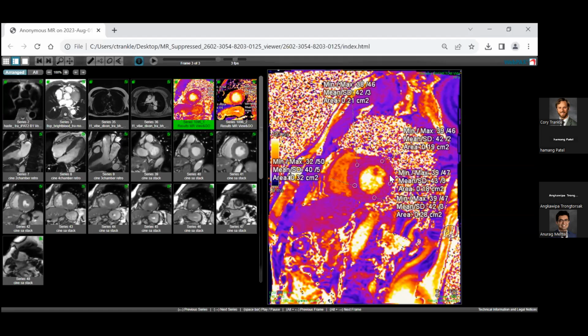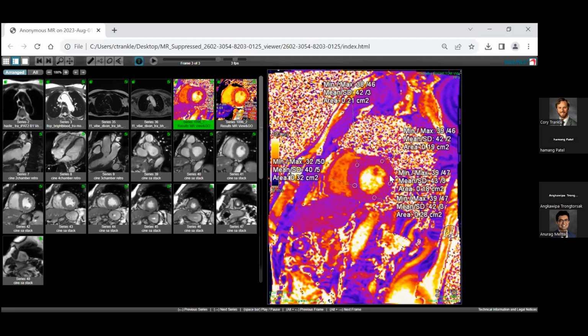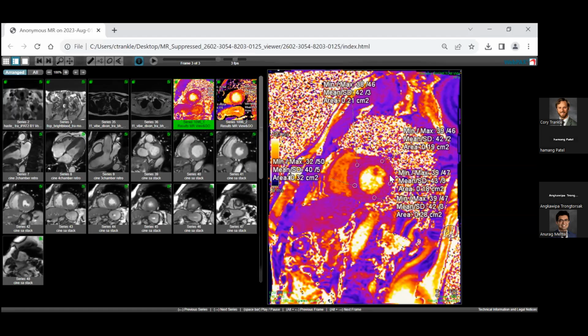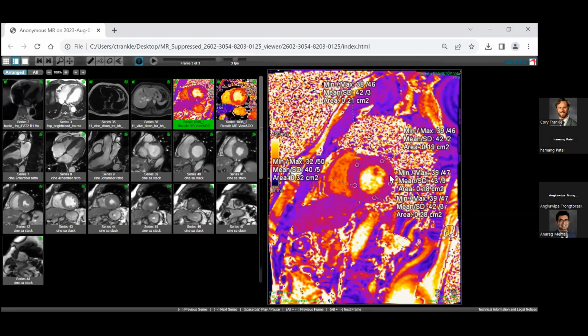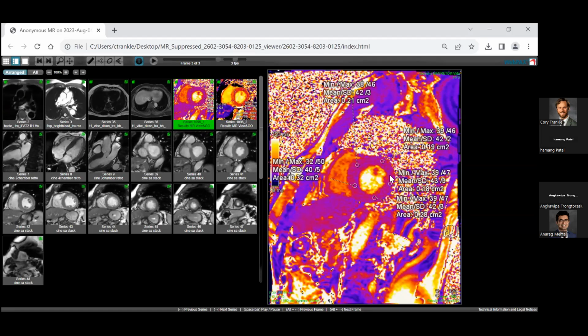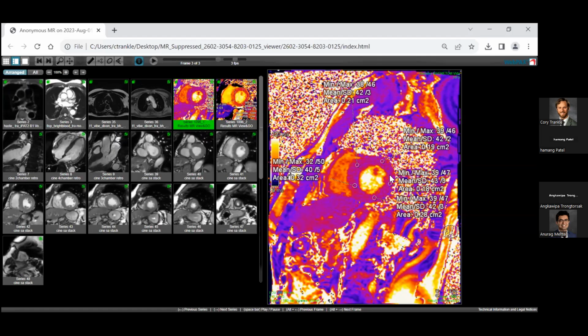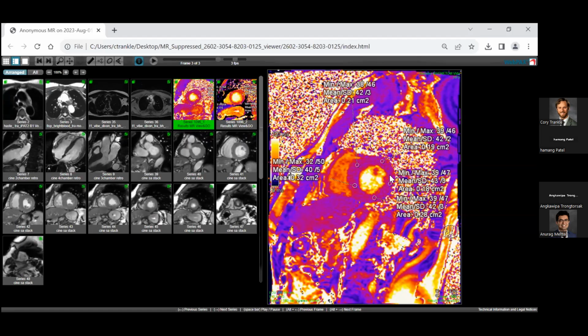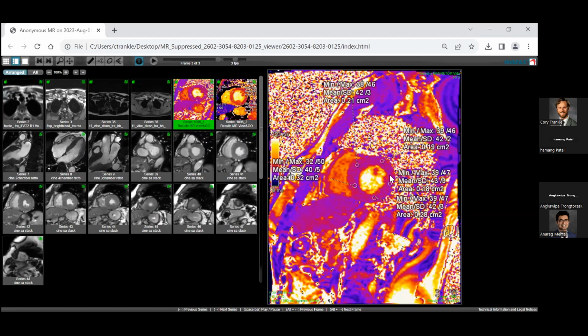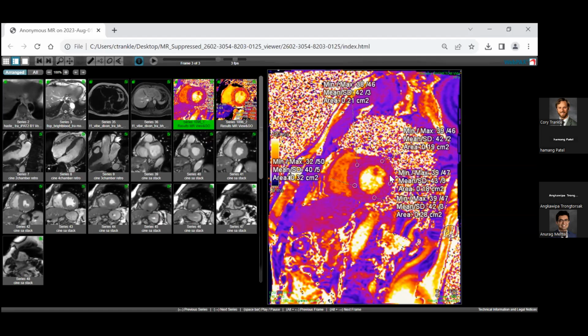Well, if the end diastolic pressure is high, end diastole, then that puts kind of a back pressure against the blood flowing into and exiting that left ventricular myocardium. And so you're going to have extra water in there. So someone that's in decompensated heart failure, there could also be elevated T2.